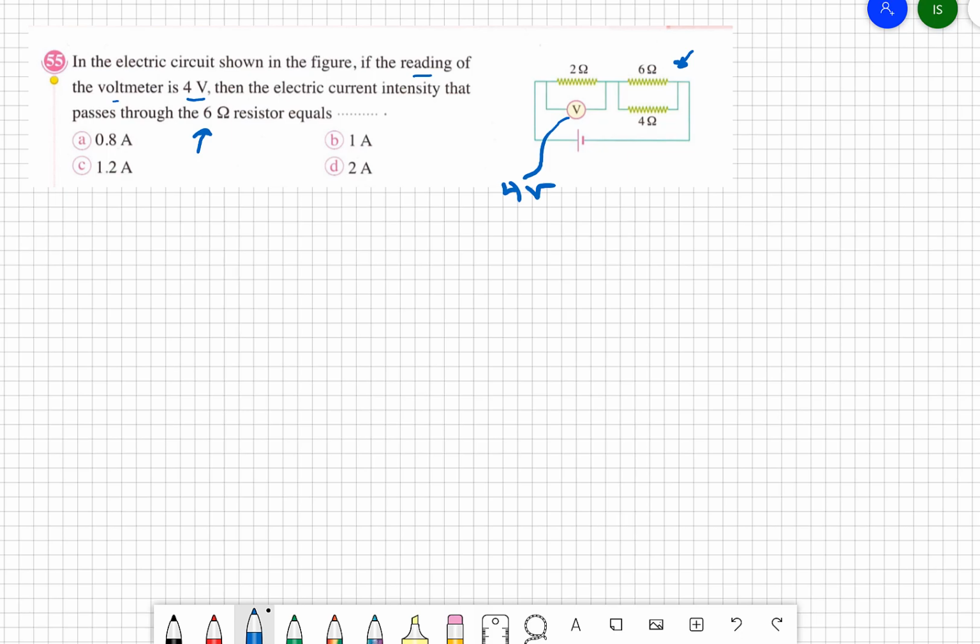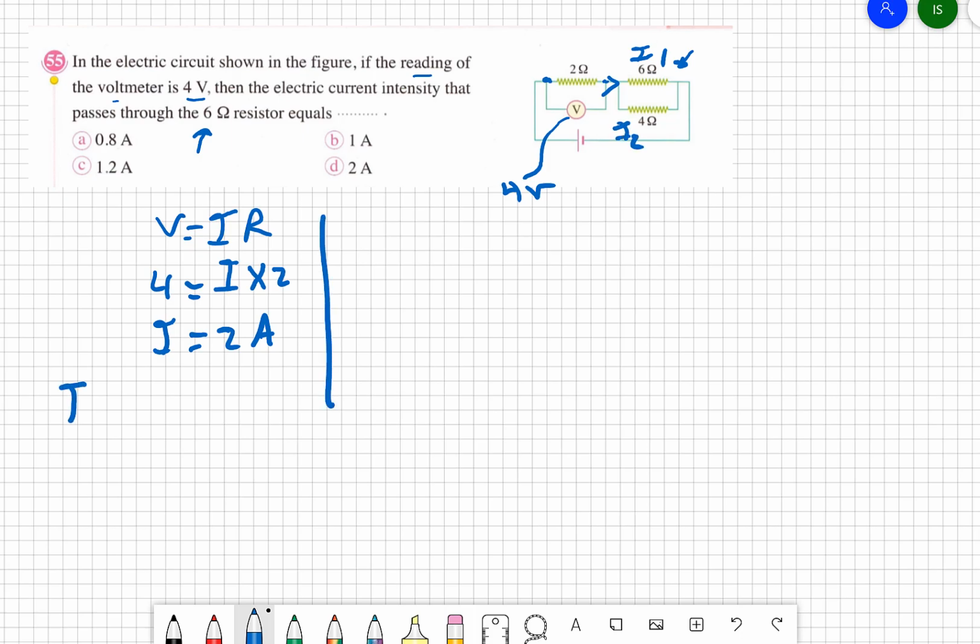At the beginning, you can benefit from having the voltage here, because for this 2 ohm resistor, V equals IR, so 4 equals I times 2, so the current equals 2 amperes. But hold on, this current is divided into I1 and I2, so I equals I1 plus I2, so I1 plus I2 equals 2.